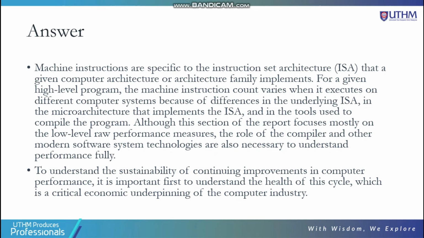Although this section of the report focuses mostly on low-level raw performance measures, the role of the compiler and other modern software system technologies is also necessary to understand performance fully.